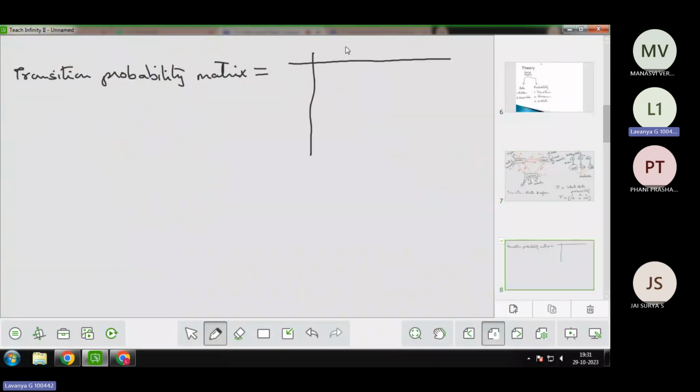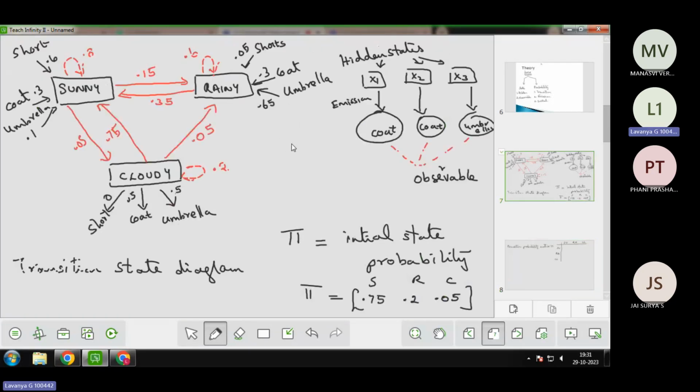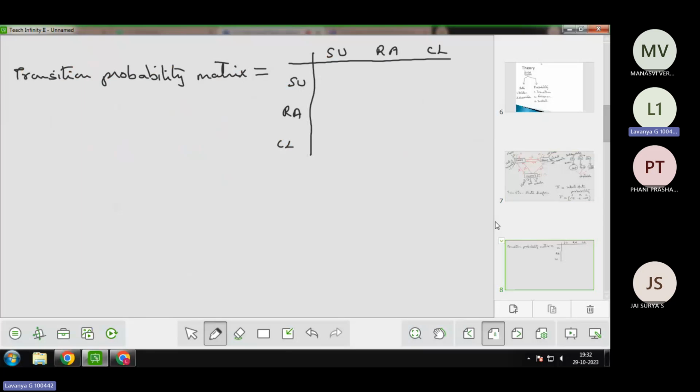Sunny, rainy, cloudy. So you have sunny, you have rainy, you have cloudy. Similarly, sunny, rainy, cloudy. The probability, sunny to sunny is 0.8, rainy to rainy is 0.6 and 0.2. So along the main diagonal, 0.8, 0.6 and 0.2.